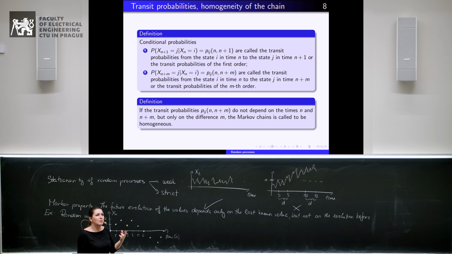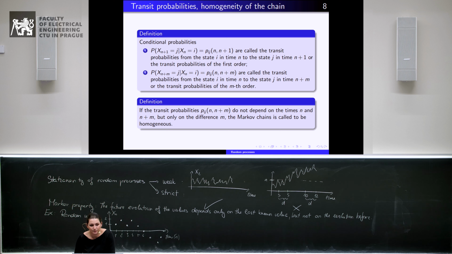So when we are interested in the probability that we will get from the value i now to the value j in m steps, then we call it the transit probability from the state i to the state j of the mth order.